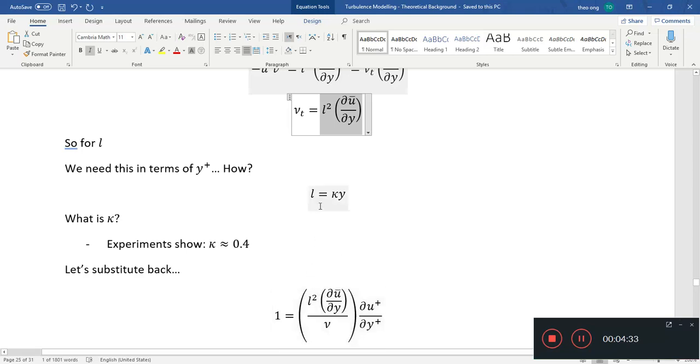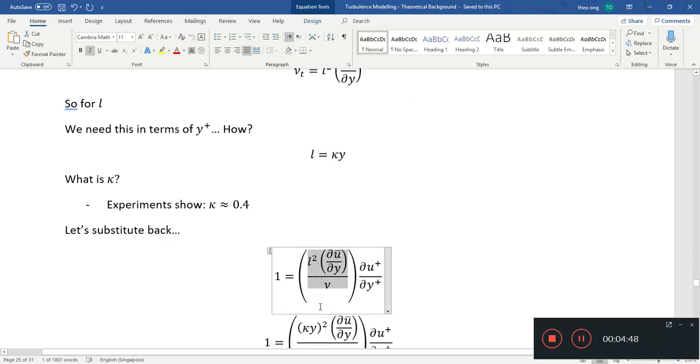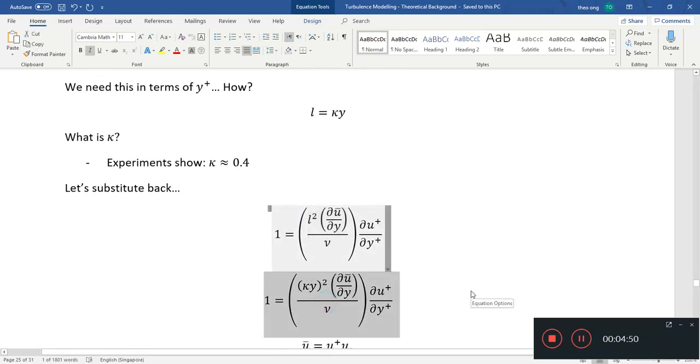Now that we have an expression in y, we can convert the y into a y plus. I'll just copy and paste into here this L squared kappa y. So I'll substitute L as kappa y, and this is what the next equation is about. All I've done is just to substitute L squared with kappa y squared. Nothing too big there.